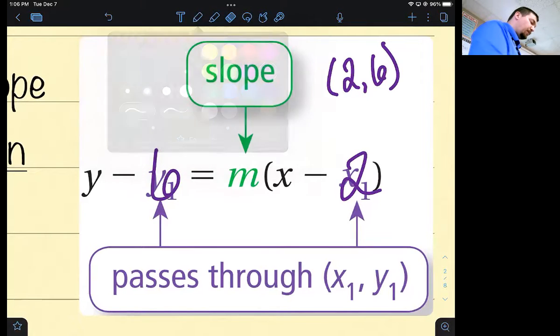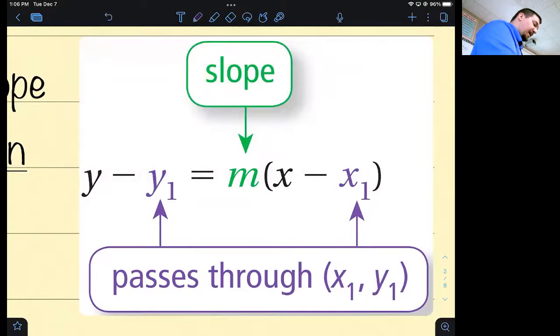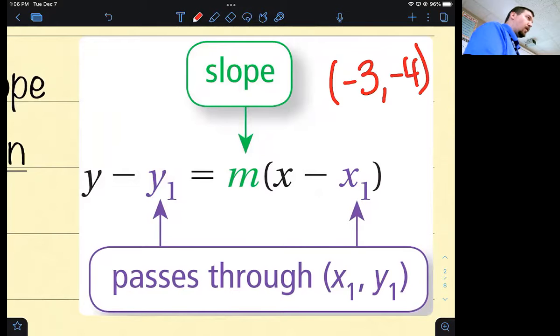What would happen though if I had a point of -3, -4? What would happen, Jacoby? It would turn back to addition. You're right, because it's a double negative. So if I plug in here, this would be minus -3 or plus 3, and minus -4 would be plus 4.